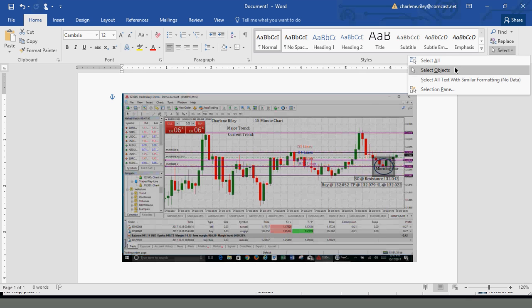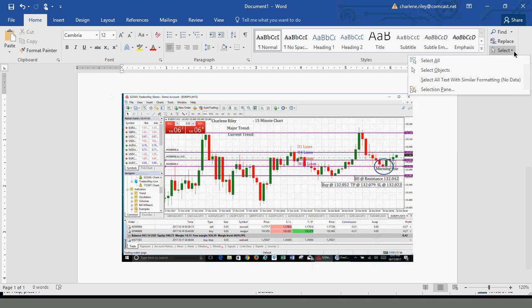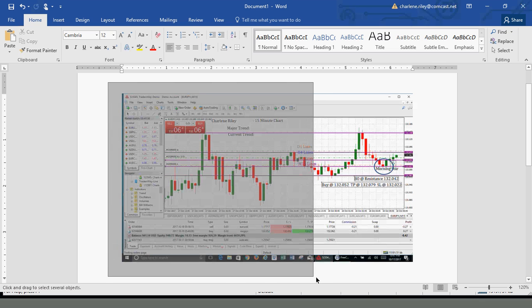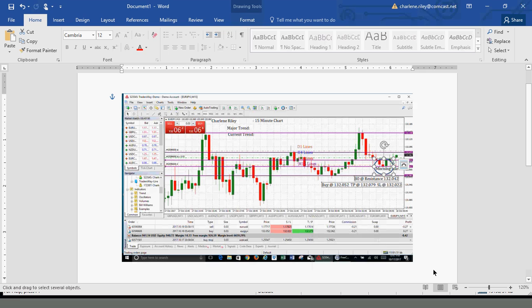No, that's not right either. I'm going to say select objects, and I'm going to draw. See how my selection is big enough to cover the chart, the picture of the chart, and also the circle.